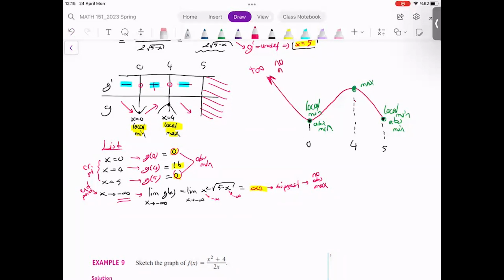No absolute max, but this part is a local max that we obtained. Also, without looking at this visualization, you know local max and local min from the algebraic computation, but I just drew it to show you a picture of this function. Okay? Any questions?